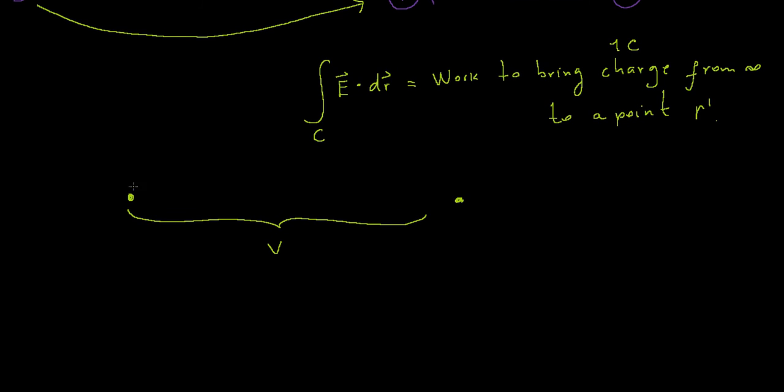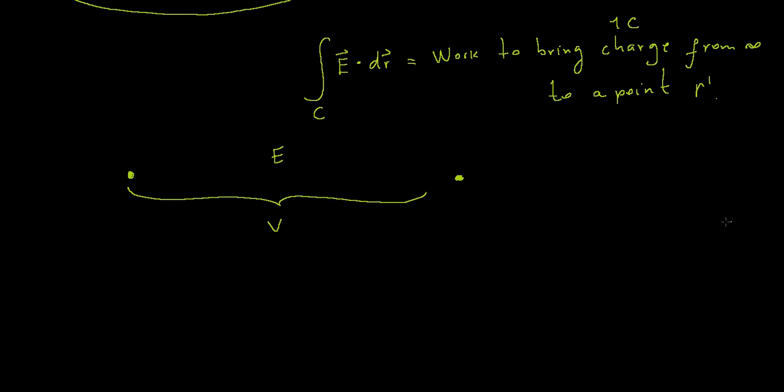Now let's suppose that the electric field between this point and this point is a constant. So the electric field is simply equal to the constant E, and the distance from one point to the other is R. So this integral here is simply going to be equal to E dot, and I'll substitute dr for dx, just a simple constant dr, because the vector has only one direction here.